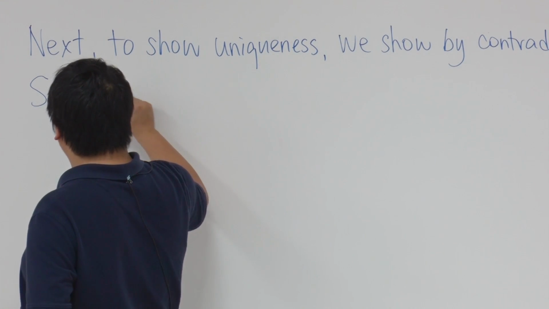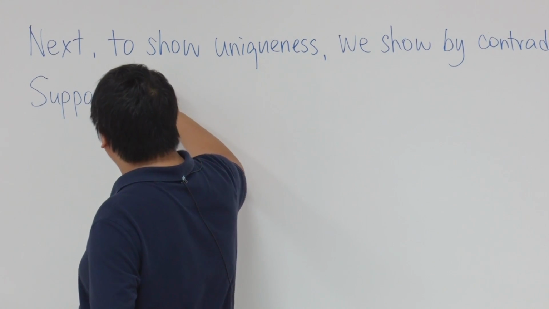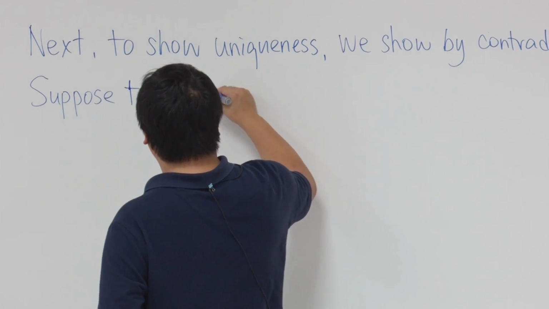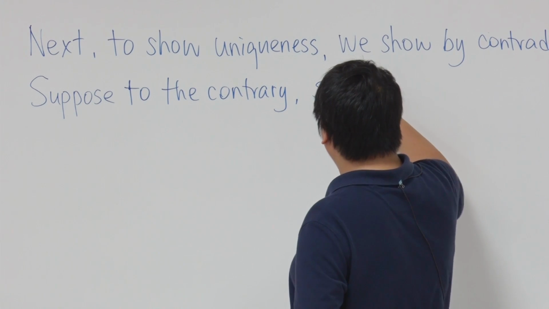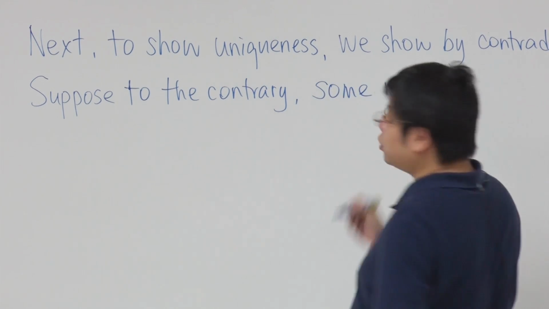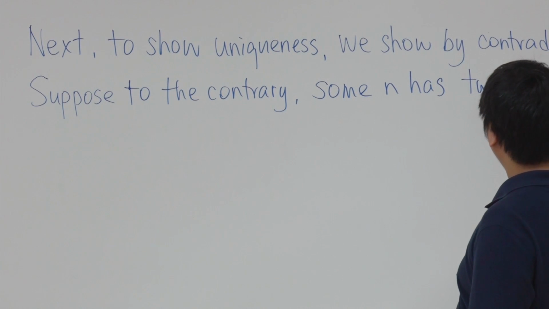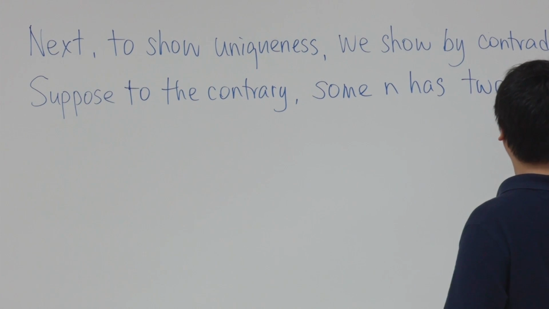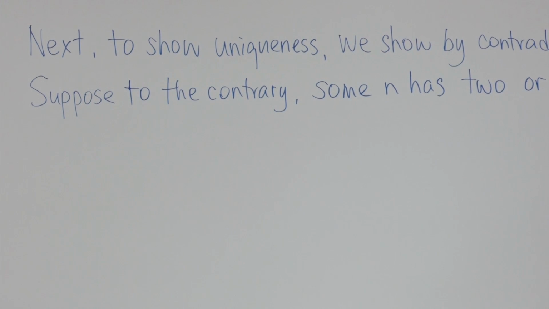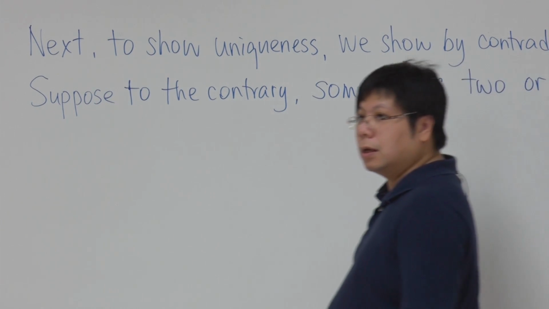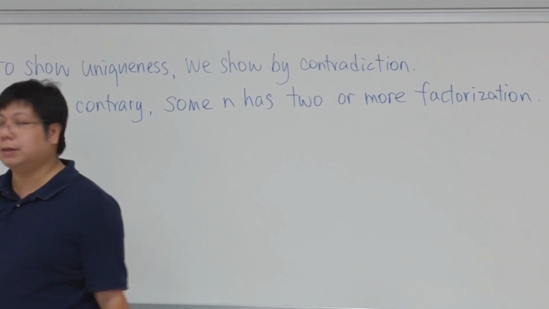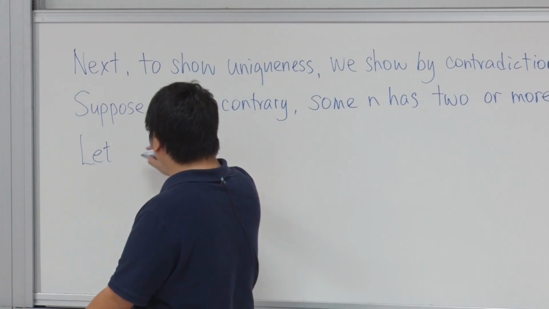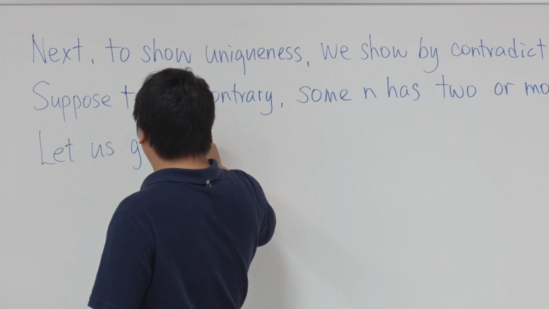We suppose to the contrary that some number n has two or more different factorizations. Then, if there is some number with two or more factorizations, let's find the smallest one. Let us get the smallest such n.